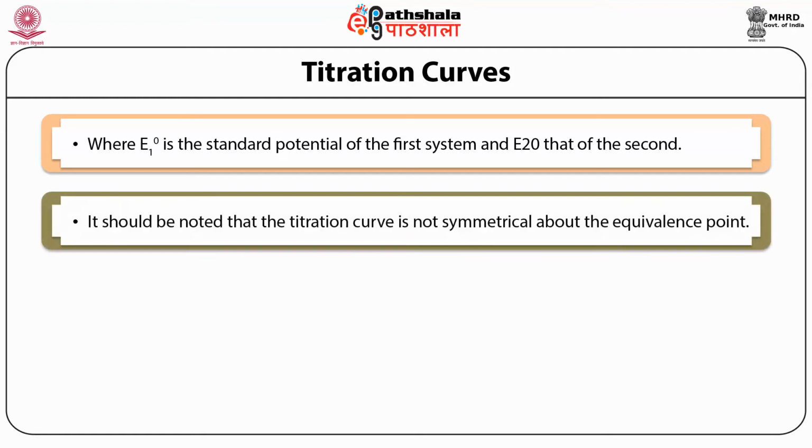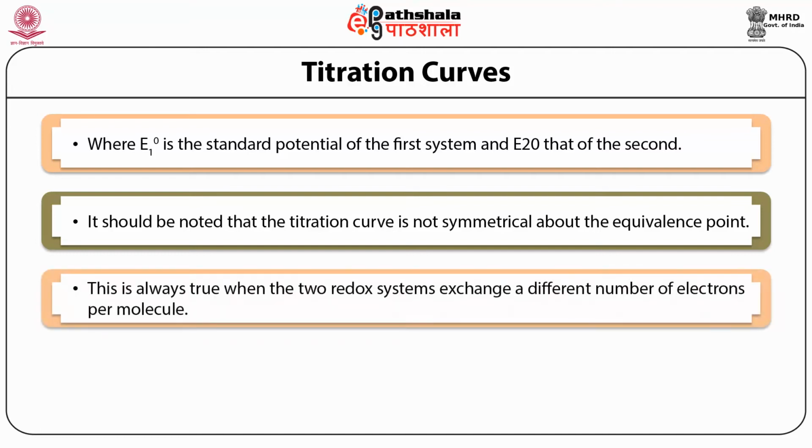It should be noted that the titration curve is not symmetrical about the equivalence point in this case, as it is in the titration of iron 2 plus with the cerium 4 ion. This is always true when the two redox systems exchange a different number of electrons per molecule.